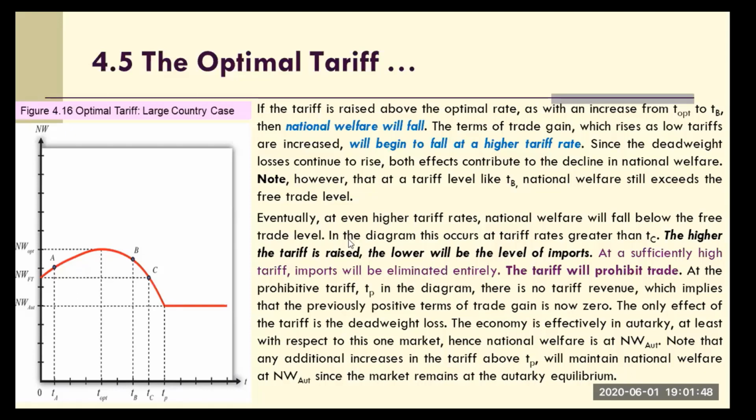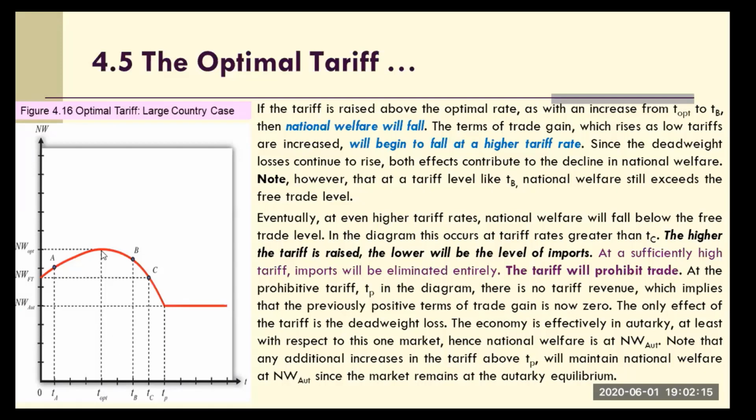Eventually, at even higher tariff rates, national welfare will fall below the free trade level. In the diagram, this occurs at tariff rates greater than TC. From free trade, the national welfare is increasing and increasing.